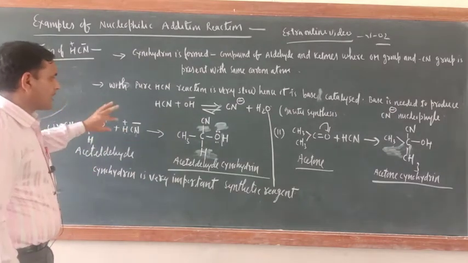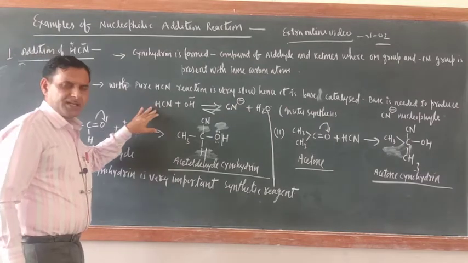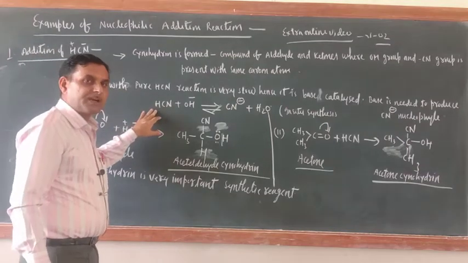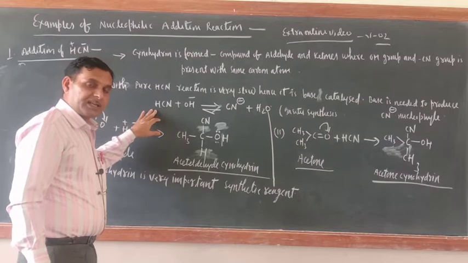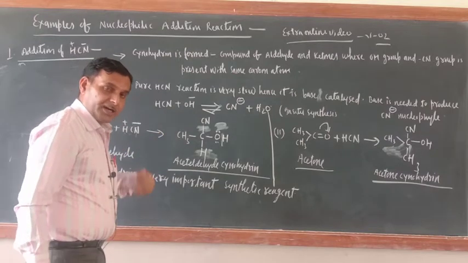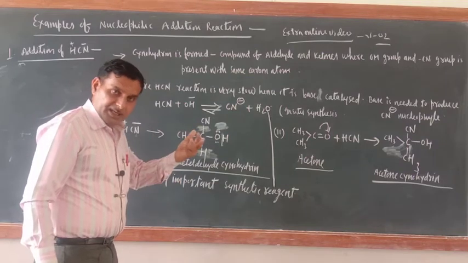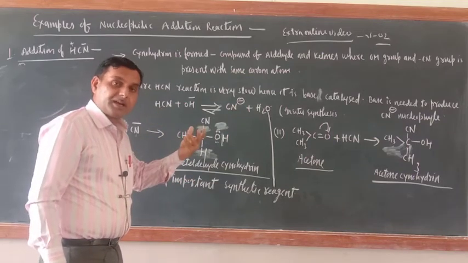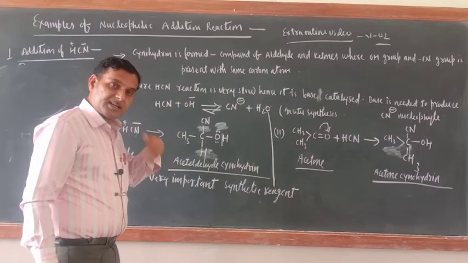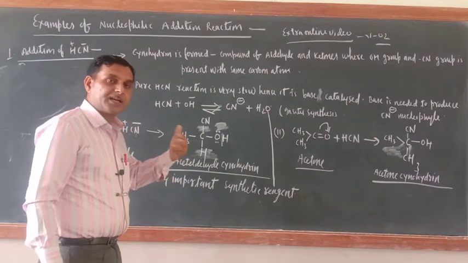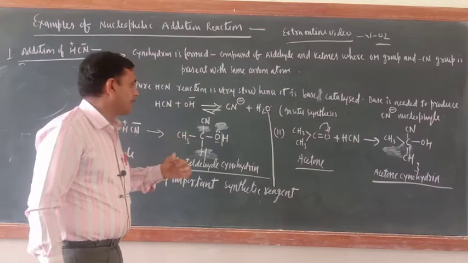One more thing is there. Pure HCN reaction with aldehydes and ketones is very, very slow. That is why we want such a reagent which easily releases CN negative nucleophile, so that the concentration of nucleophile can be increased and the reaction can take place fast.